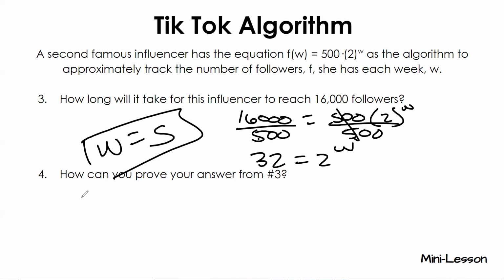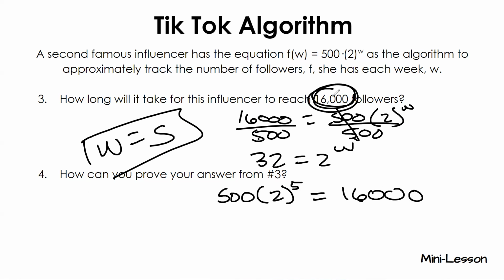Okay. Now, when it says prove your answer, all we're going to do is take 500 times 2 raised to the fifth, plug that into our calculator. Guess what that gives us? 16,000, which is what we wanted to find.